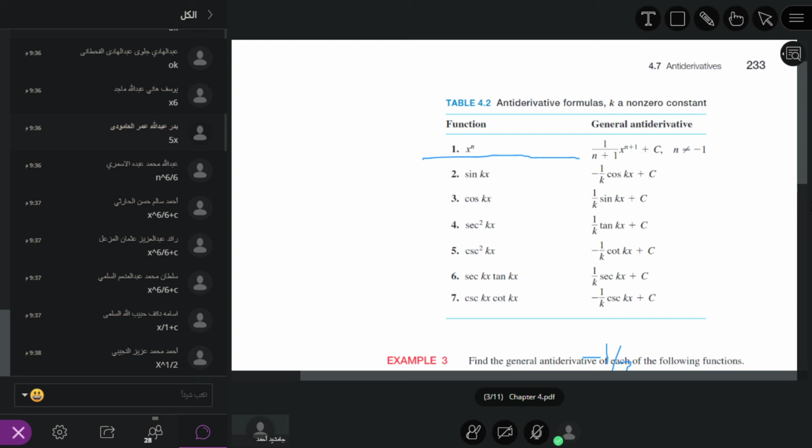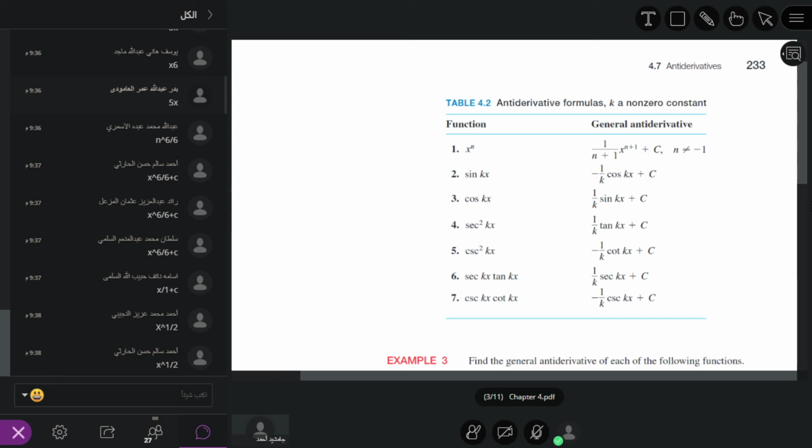So it will become x power 1 over 2 divided by 1 over 2, plus constant. Dividing by 1 over 2 shifts to multiplying by 2 over 1. So this becomes 2 x power 1 over 2, it means 2 square root x, plus some constant.